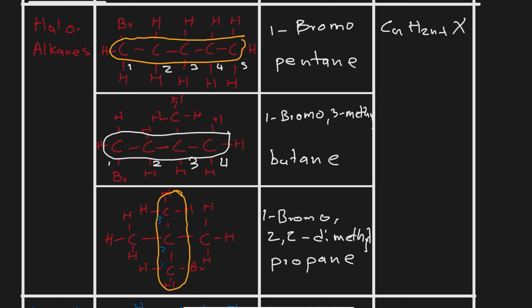So we will just substitute the number of carbons, which is 5. And then your hydrogen is just going to be 2 multiplied by 5, which is 10. And then you have to add the 1 there. So that means you're going to have 11 hydrogens. And then you must also indicate the halogen you have. In this case, it's just going to be a bromo.